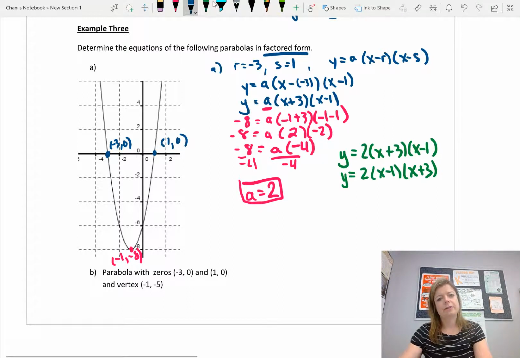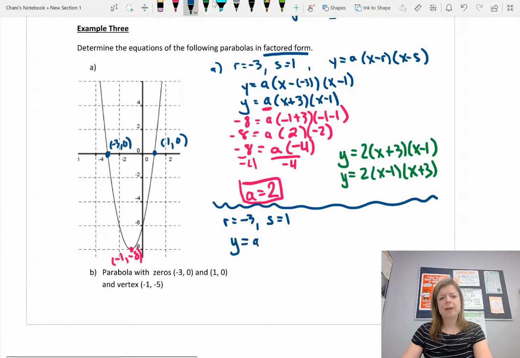Okay, now let's do question B, where we're just given information. So we have zeros of -3 and 1 and this vertex. So our r is equal to -3 and our s is equal to 1. So we have y equals a, x plus 3, x minus 1. So it's actually the same as our part A, but we'll have a different a value here.